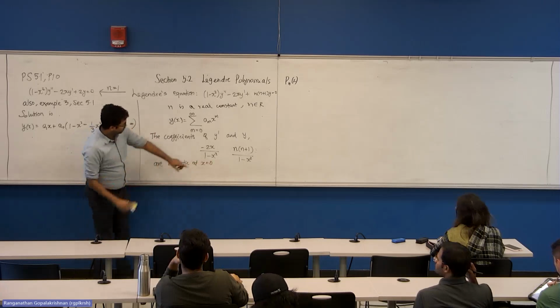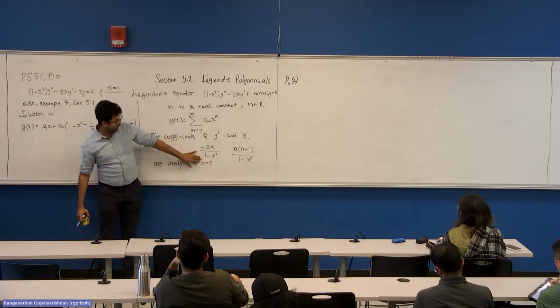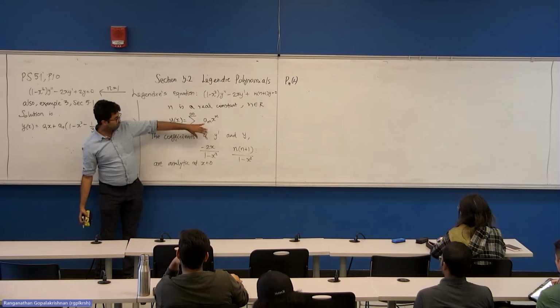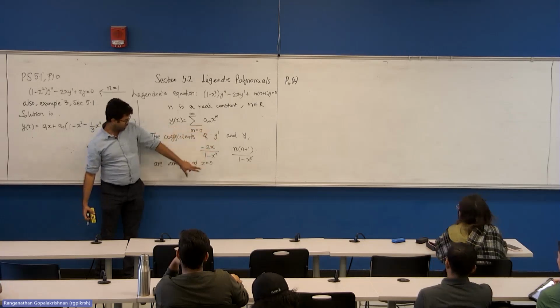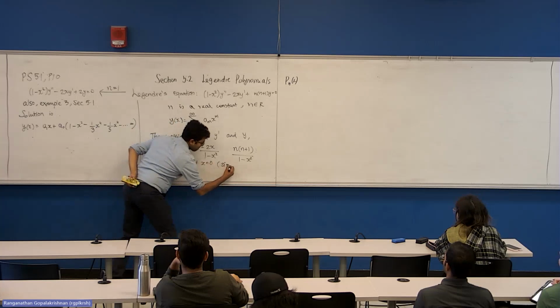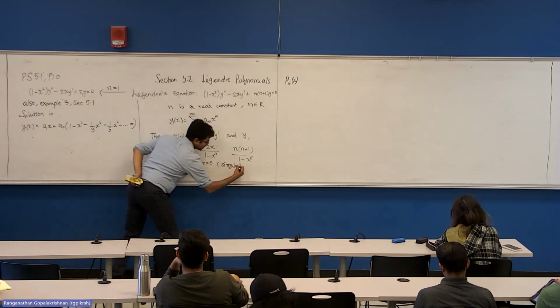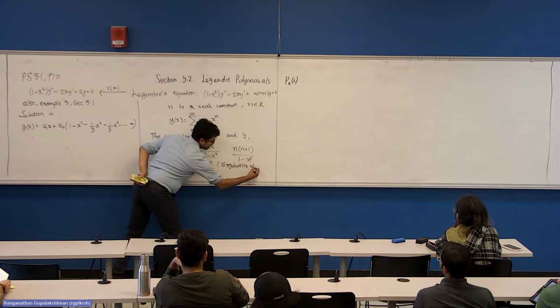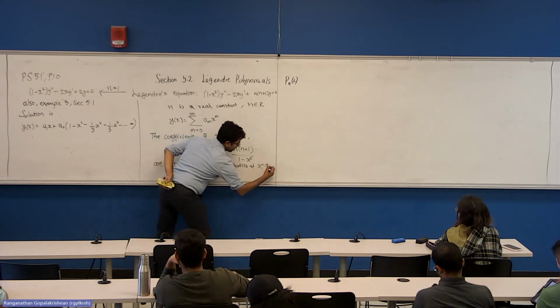at x equal to 0. That is, if you put x equal to 0 in the denominator, that denominator isn't 0, which means these coefficients are bounded at x equal to 0, and they do have singularities at x equal to plus minus 1.